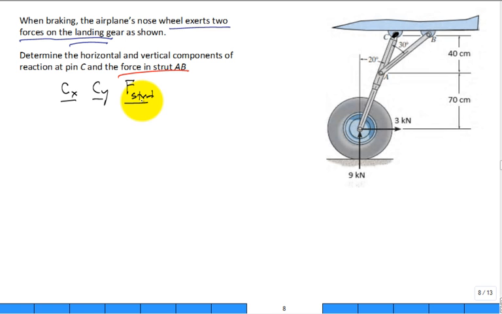The first contender would be, I would cut through, let me do it in red, I'd come down and I'd cut through this pinned support right here where I already know the load of 3 kilonewton and 9 kilonewton are happening onto that landing gear. All right. So I don't include the tire. I cut through here, I cut through B, and then I cut through C. That's one of my choices.